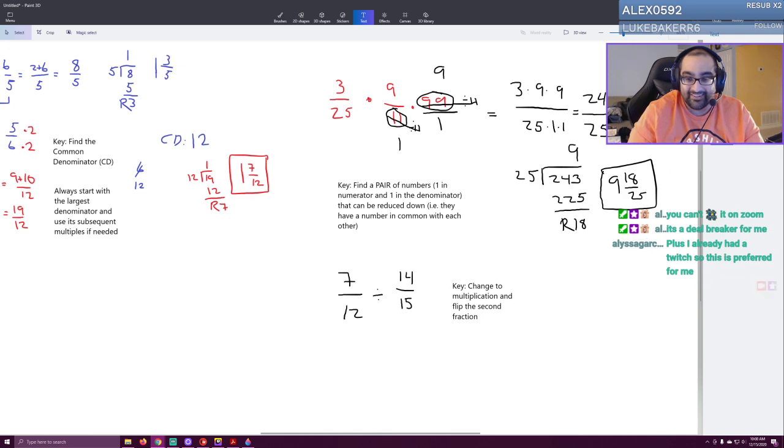You can't play games on Zoom necessarily. That's one thing that I've noticed. You can't play music like this.